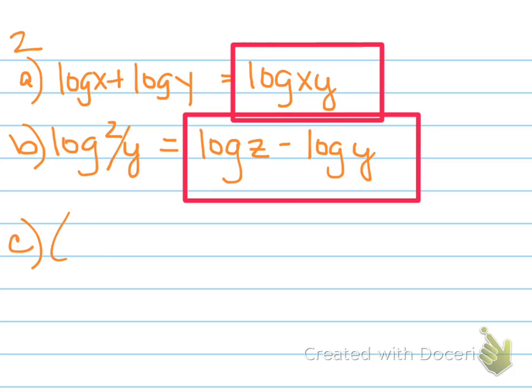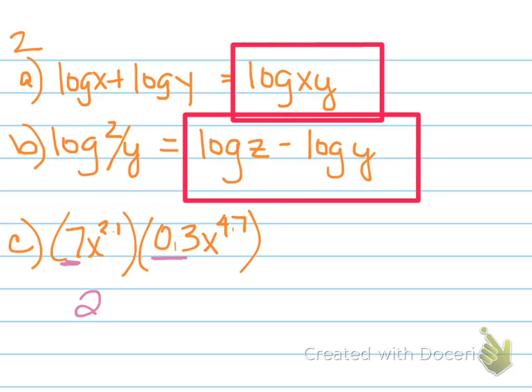C, 7x to the 2.1 power, times 0.3 x to the 4.7 power. So using properties of exponents, I am first going to start out by multiplying my numbers. So 7 times 0.3 is 2.1. And then my x's are the same, x and x.